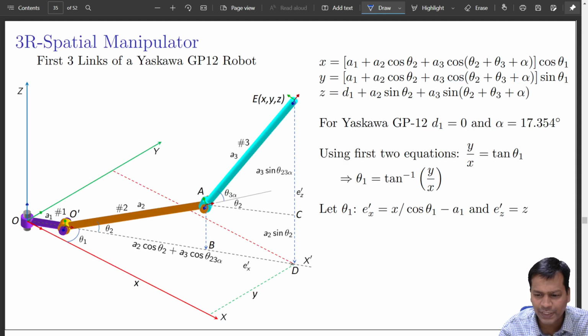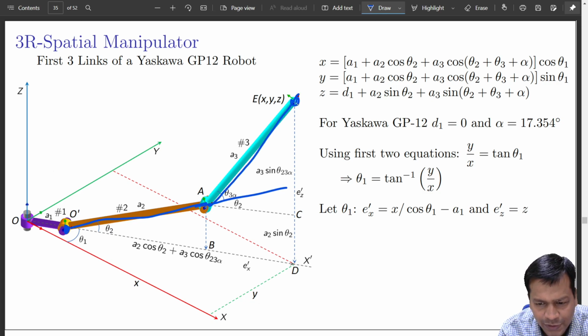So what I intend to do now is take help of this subset. Hope you got what I am trying to get. This is the subset which is known. If somehow I can get Ex dash, that is from here to here, and from here to here, that is Ez dash.